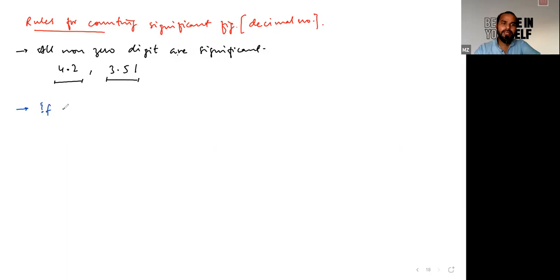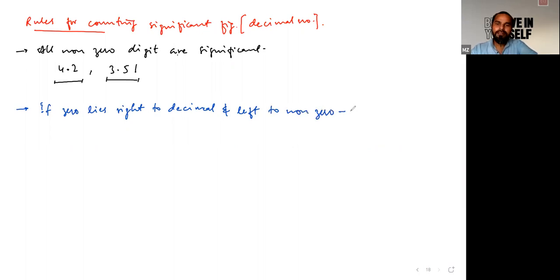First, if a zero lies right of the decimal and left of a non-zero digit, then that zero is insignificant. It means 0.04, 0.005, and so on.